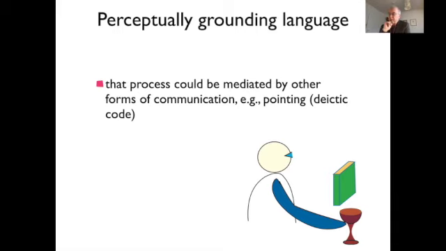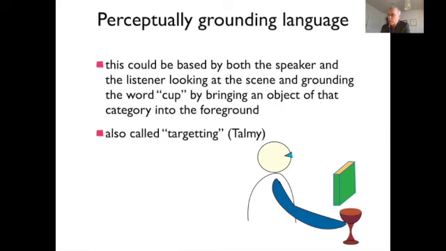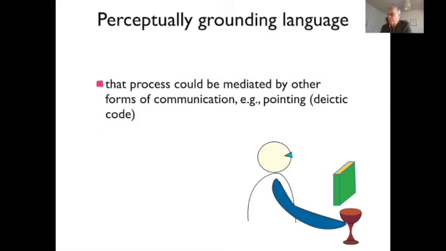So perceptual targeting or referring to objects is sometimes also called the referral problem. What does my phrase refer to? Which object in the world is the referent of what I'm saying? I'm not using the word referral because we're using a more specific term, reference, in a moment, but I should make sure that you know that's another way of talking about this.